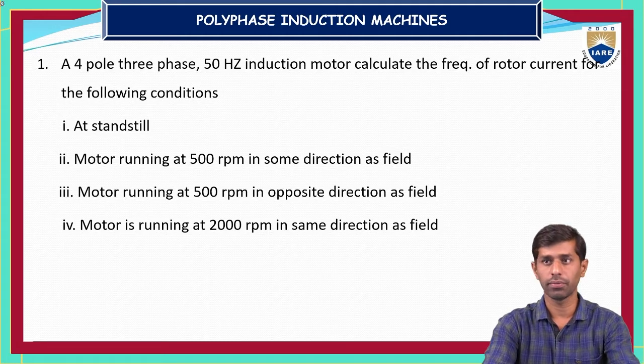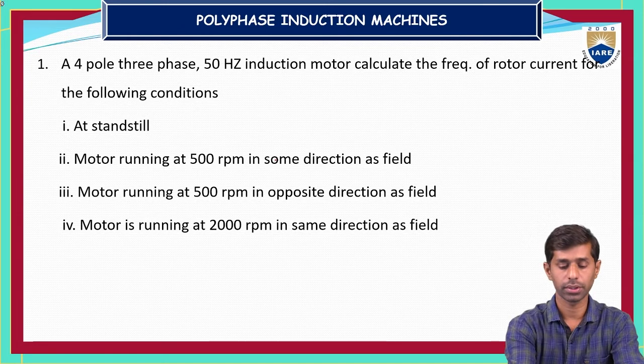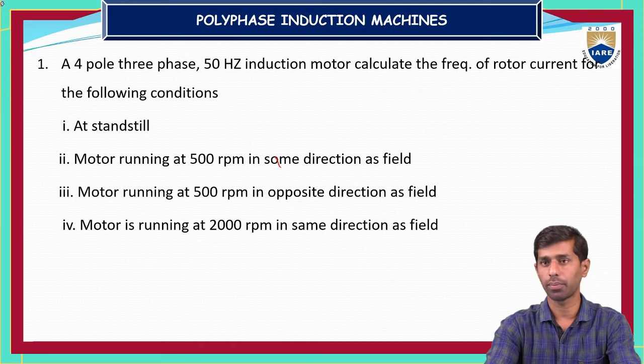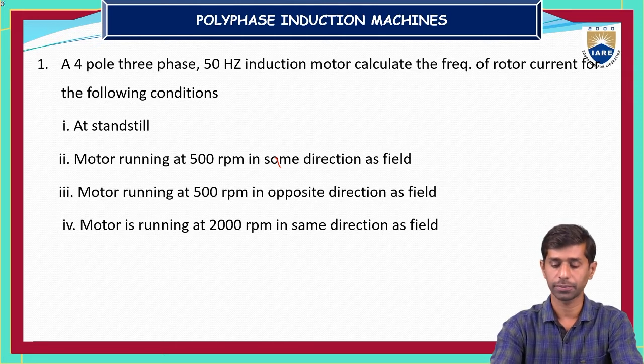Calculate the frequency of the rotor current for the following conditions. At standstill; motor running at 500 rpm in the same direction as the field; motor running at 500 rpm in the opposite direction to the field; motor running at 2000 rpm in the same direction as the field.